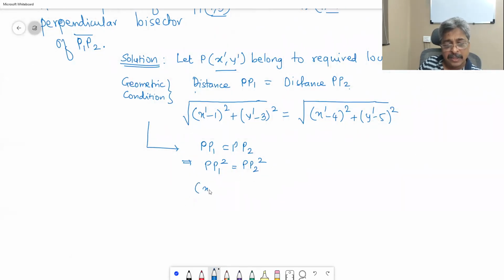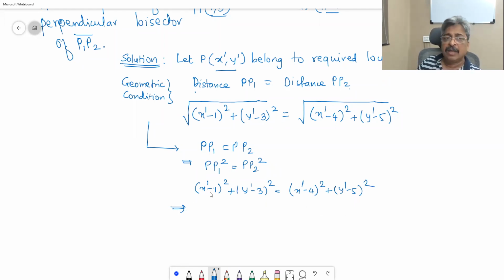and then you write (x dash minus 1) square plus (y dash minus 3) square is equal to (x dash minus 4) square plus (y dash minus 5) square. Then the remaining part is algebra.